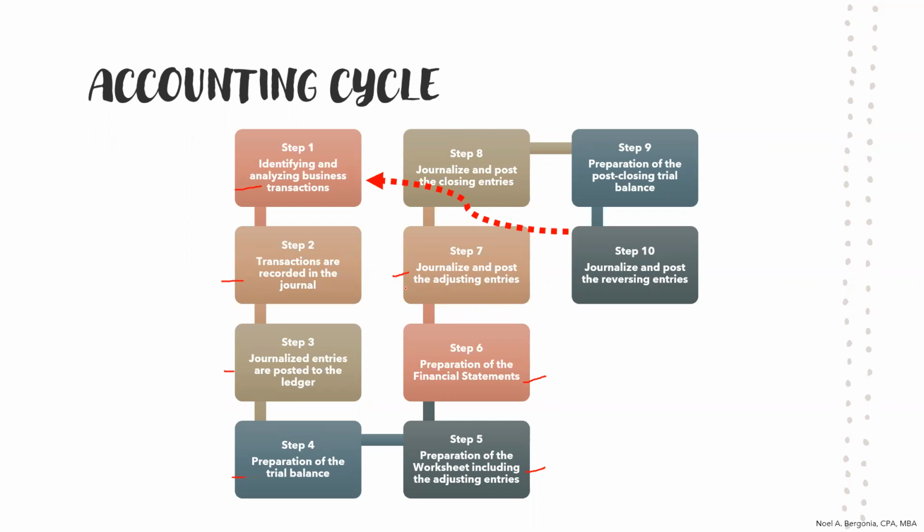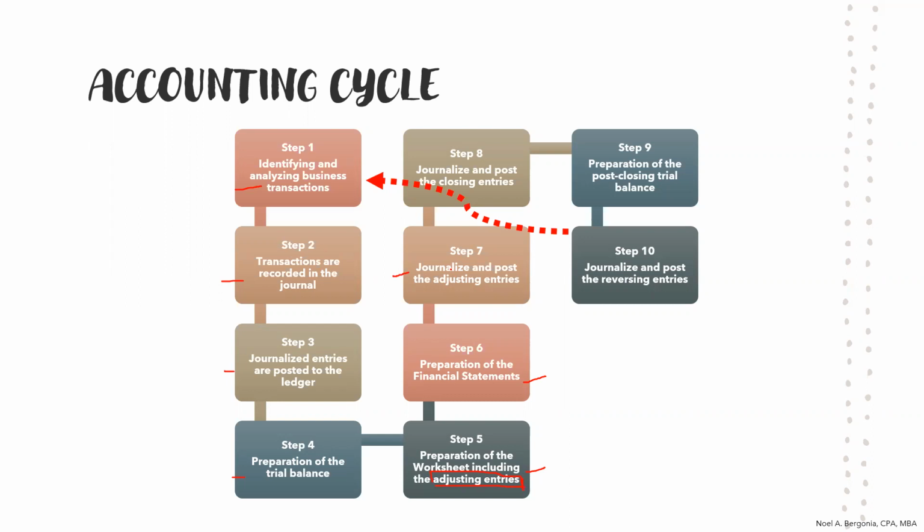If you remember, in module number 4 we already started the discussion of adjusting entries, the different types of adjusting entries. We also used them in completing our worksheet, in step number 4. In the worksheet, the adjusting entries only needed to be written in the worksheet, but at this time we do the formal journalizing and posting.